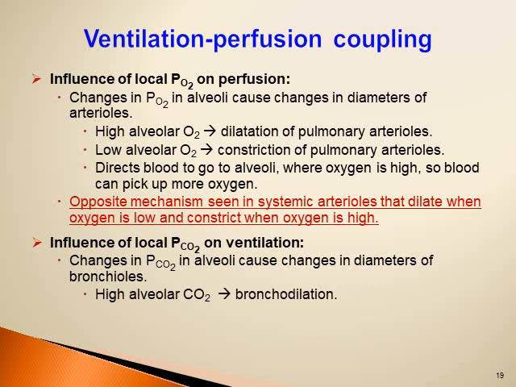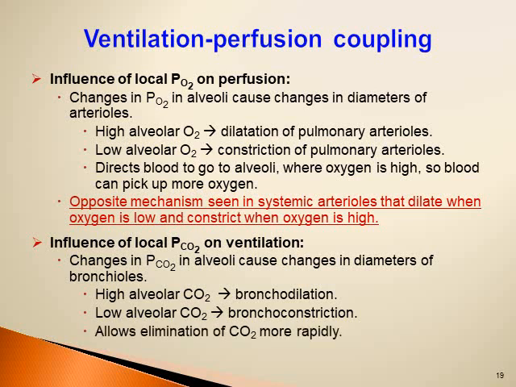So this will promote better ventilation of the alveoli, and this will remove the excess alveolar carbon dioxide. Opposite to that, low alveolar carbon dioxide means that the alveoli are well ventilated, so bronchoconstriction will happen. This will lower the alveolar ventilation. This allows the elimination of CO2 more rapidly.